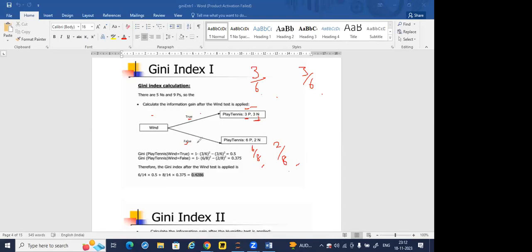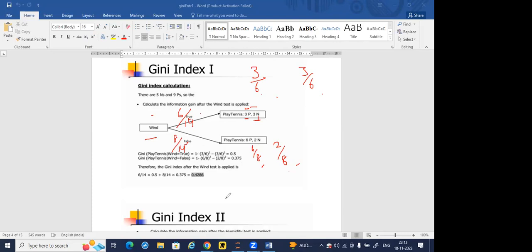Inside the wind, we calculate the Gini. Strong wind happens 6 times and weak wind happens 8 times, so 6 by 14 and 8 by 14.